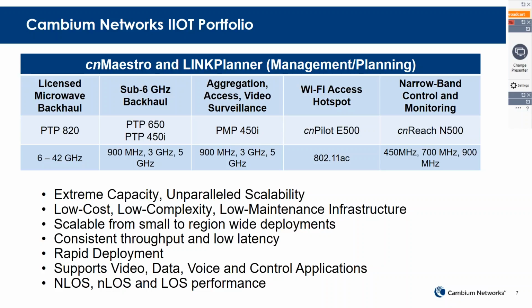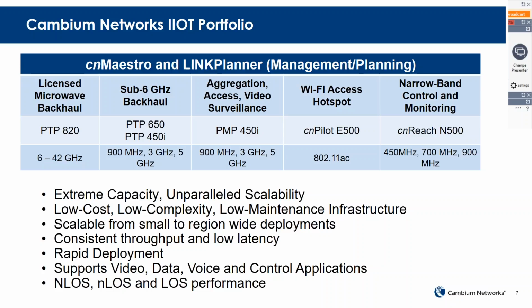We have one link deployed with 200 kilometers of range and it works very nicely. In terms of the frequency, you can operate from narrow band all the way to 42 gigahertz broadband, from low frequency to high frequency.